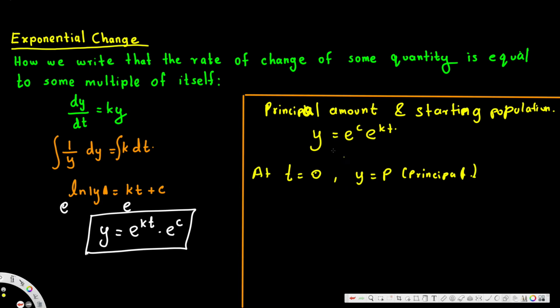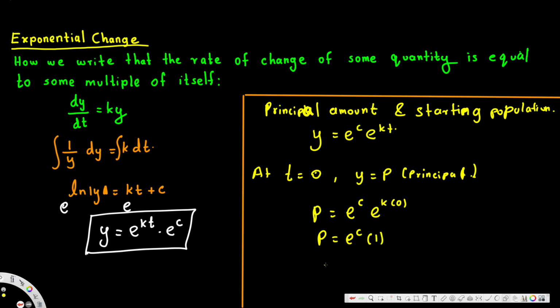Now if I replace y with P, this is going to be P is equal to e power constant and e power k. Instead of t, we put 0 because this is the starting population or principal amount, initial. So P is equal to e power c, and e power 0 is going to be just 1.